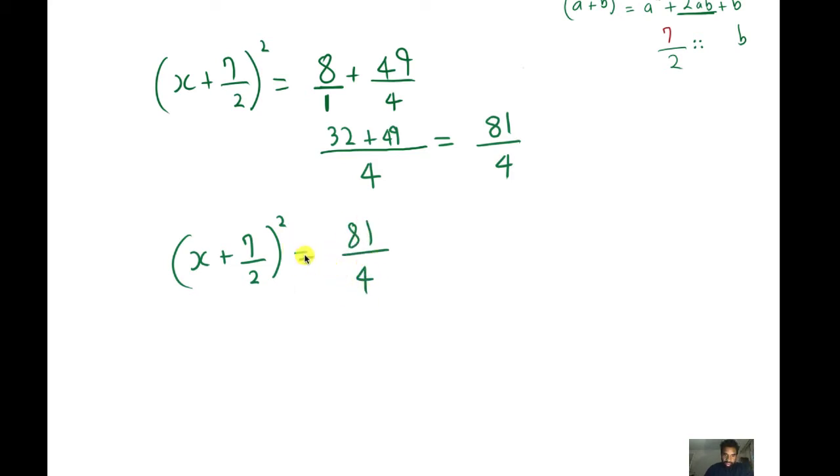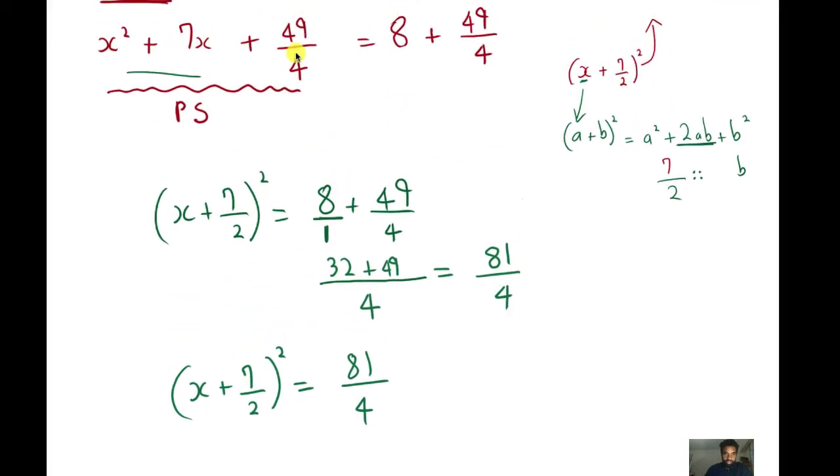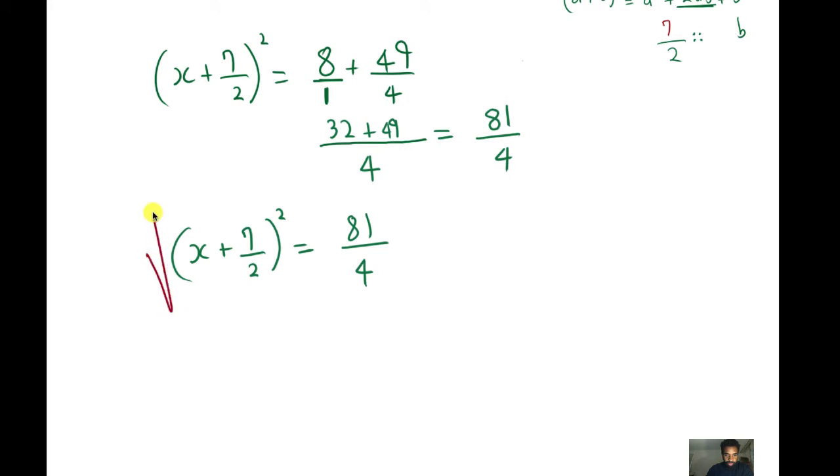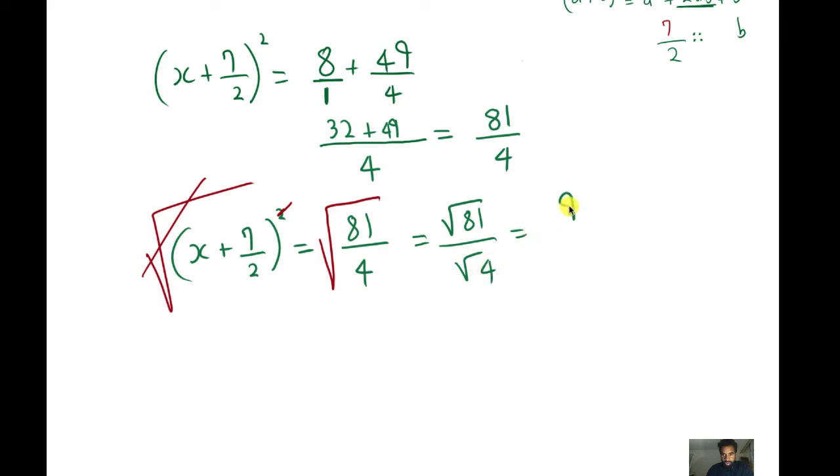And now we can take the square root of both sides. Now it's safe to take the square root of both sides because this square root just cancels out that squared. Okay, so those leave. And this square root applies to both the numerator and the denominator. So this thing then becomes equal to square root of 81 over square root of 4, which is equal to 9 over 2.